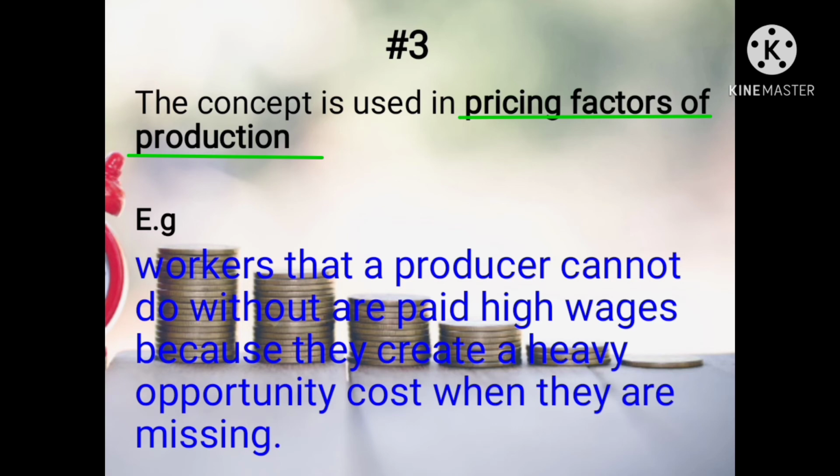You have a worker that is capable of multitasking vis-a-vis one that is so specialized, that is to say, able to perform a particular task. A producer would choose to pay a higher wage to the worker that is multitasking, because leaving him out would mean making a very big loss.